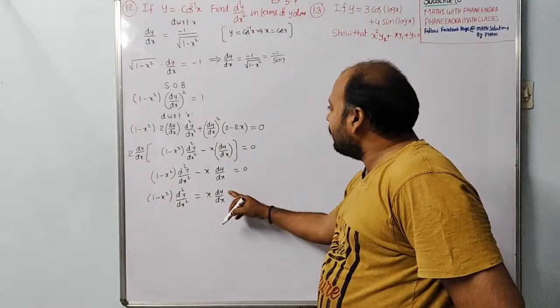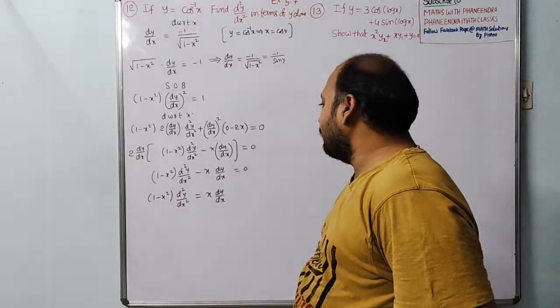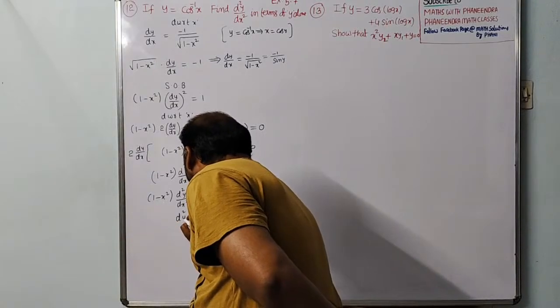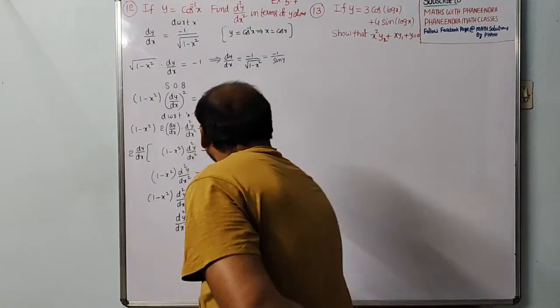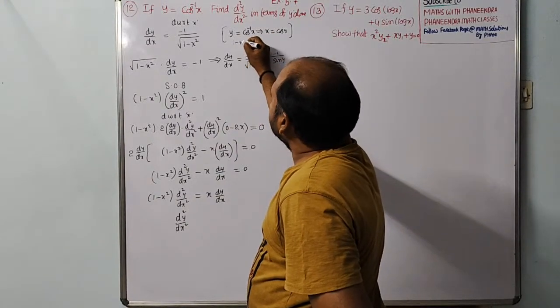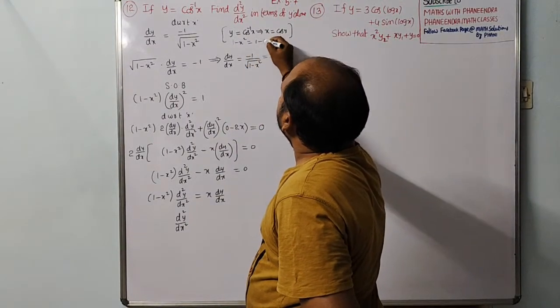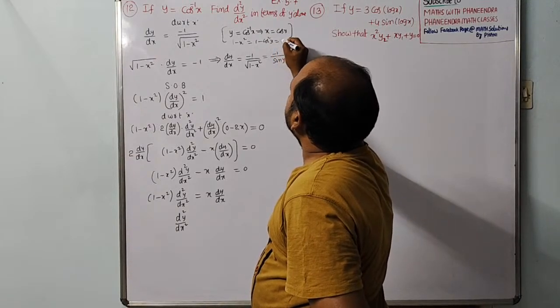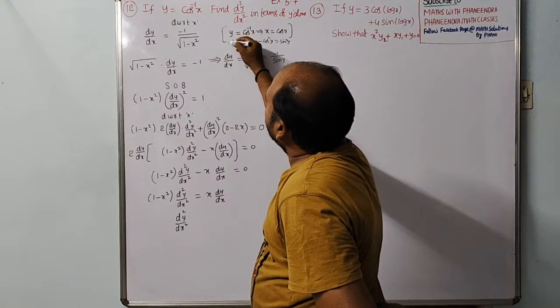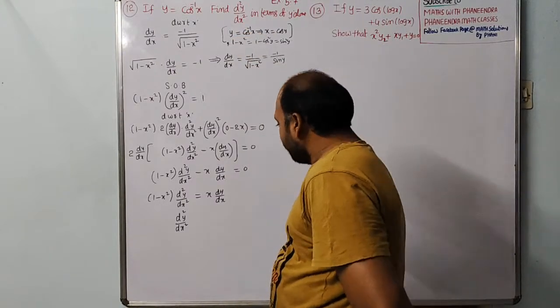So wherever dy by dx is there, minus 1 by sin y, you have to write it. So d square y by dx square, and also calculate, dear students, the 1 minus x square value also. 1 minus cos square y is equal to sin square y. Separately calculate these two values.